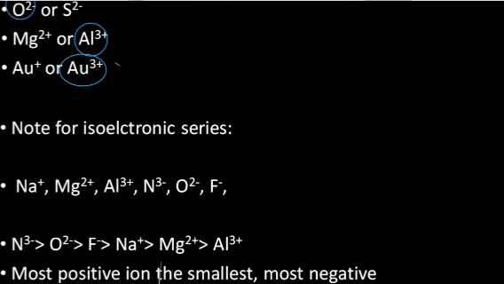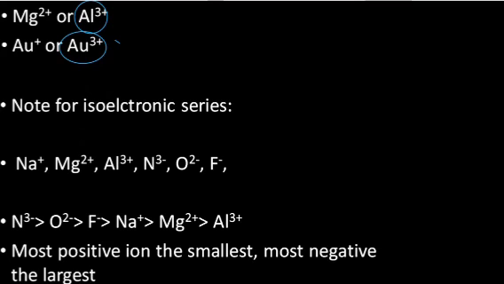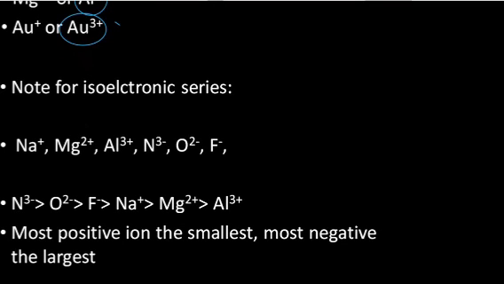What about across a period? If you check, the more positive, the smaller. The more negative, the bigger. So if we arrange this, we can see that more negative, which is nitrogen, is bigger, a bit less negative, which is oxygen, followed by 1 minus, then plus.